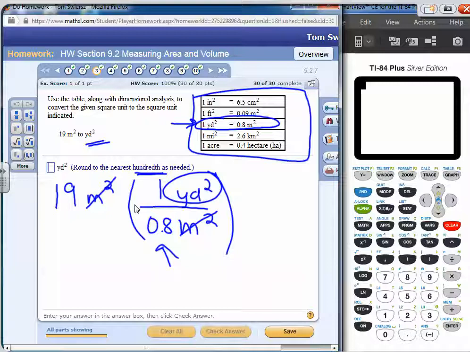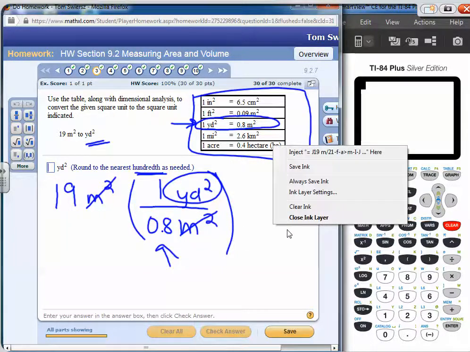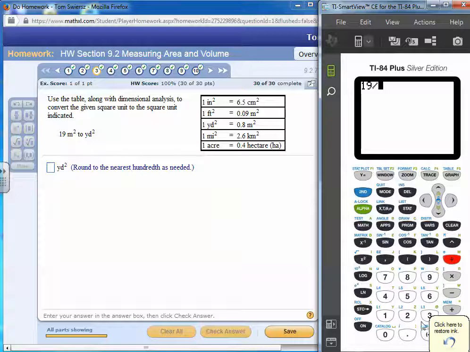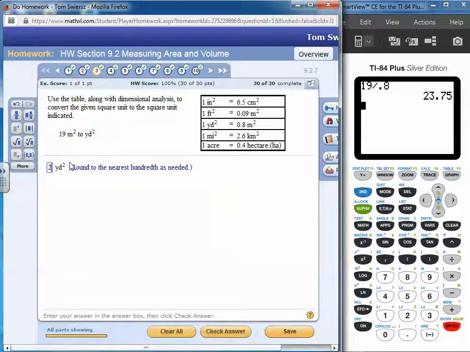So we'll go ahead and do that in our calculator. 19 divided by 0.8, and we get 23.75, which is exactly in hundredths, 2 decimals, so we just go ahead and put that value in.